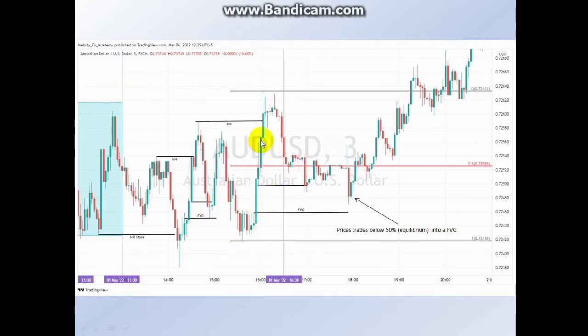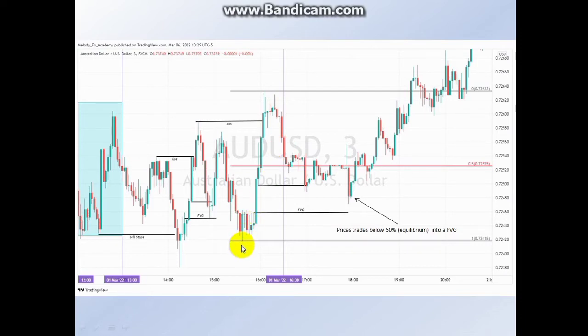We're just moving up, and another break of structure occurs right here. Price broke structure upwards, and we wait for price to give us a read that the retracement is about to happen, which is what we got here, a swing high, and price started to move down.